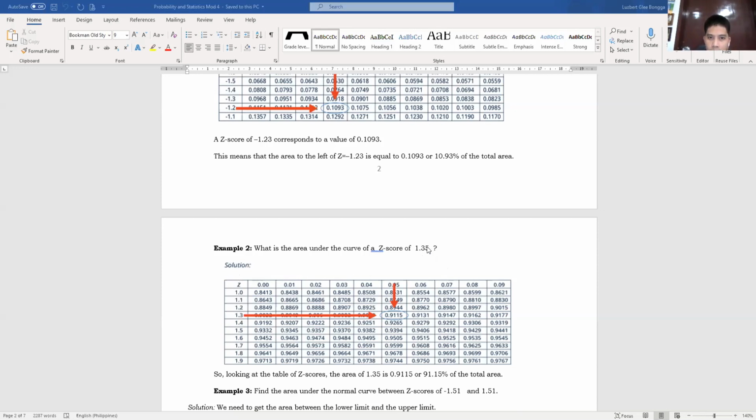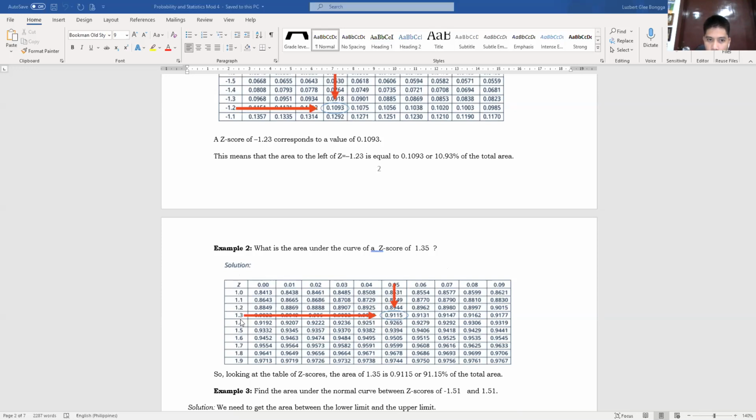The last digit, we look at the first row at the top. Since the last digit is 5, that is 0.05. So we go down from there.